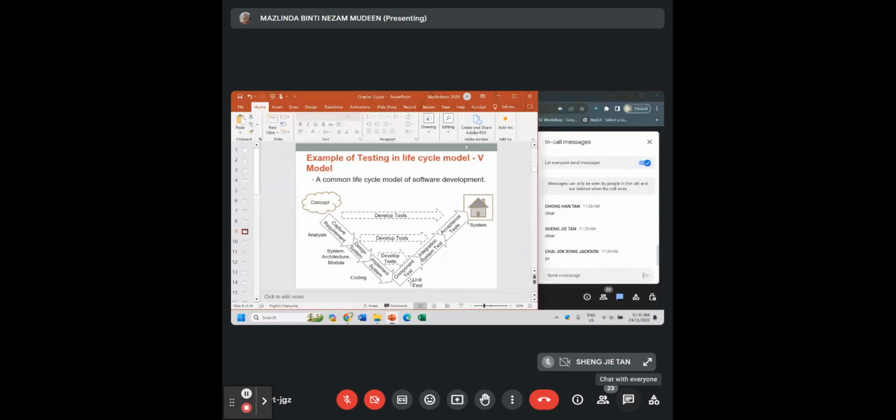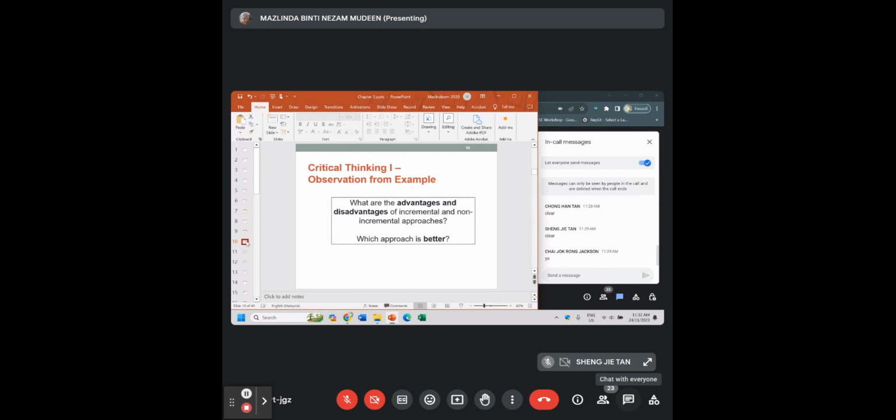That's why we have the unit level, then we integrate to become the module level, then the modules are integrated to become the system, and then the system is integrated, followed by testing at the client side.